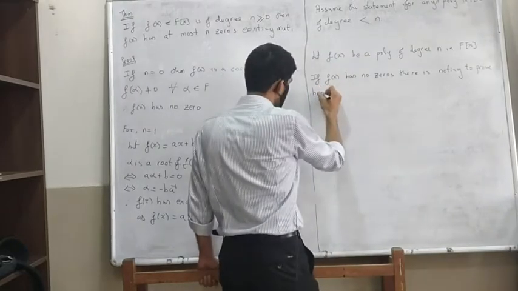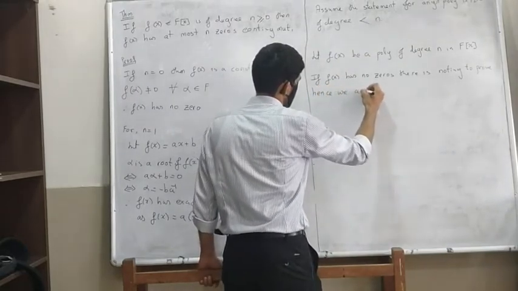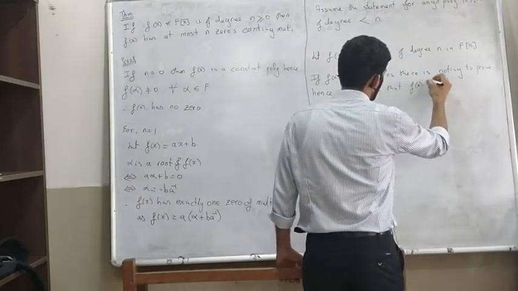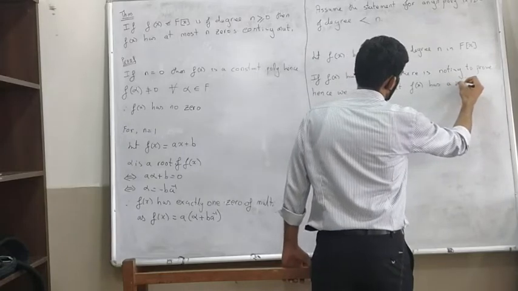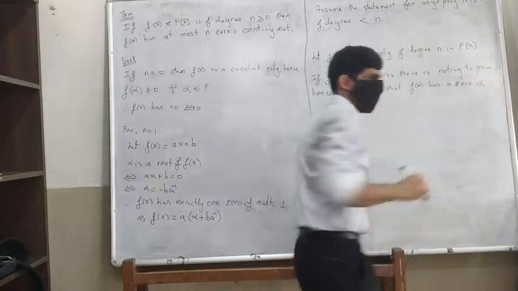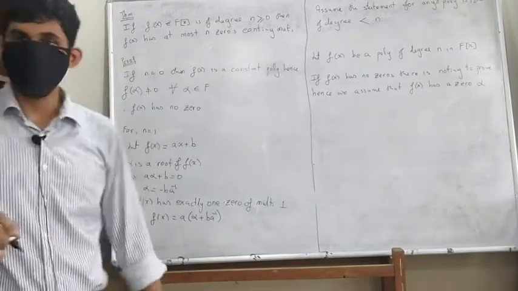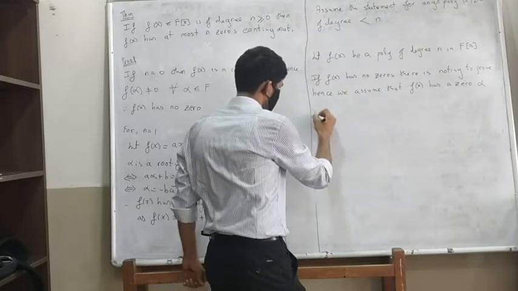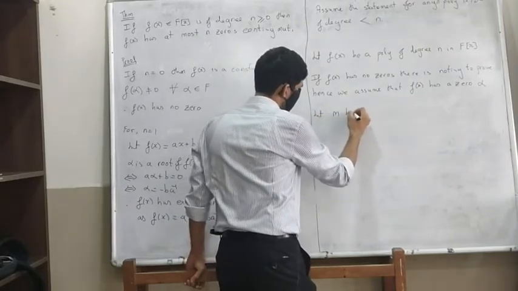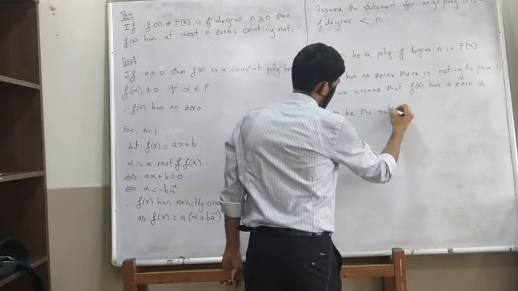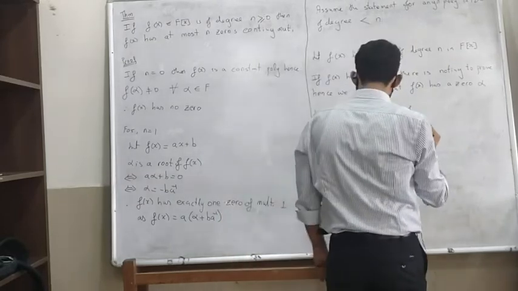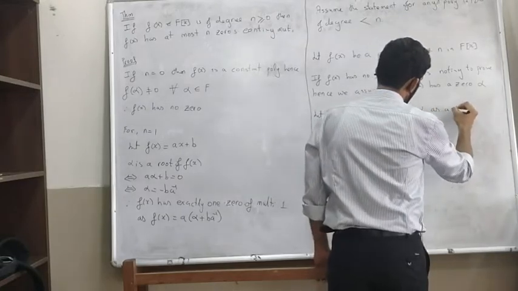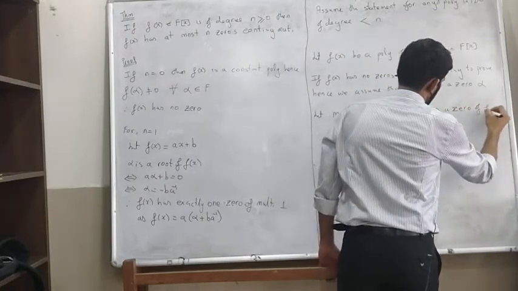So we assume that f of x has a zero alpha. We'll take one zero to be alpha, and let m be the multiplicity of alpha as a zero of f of x.